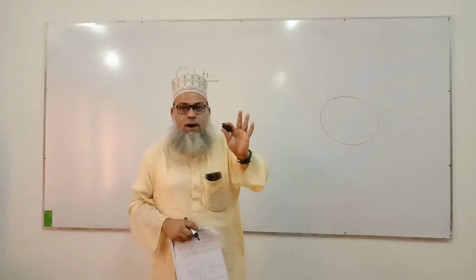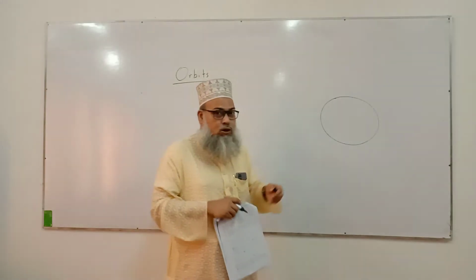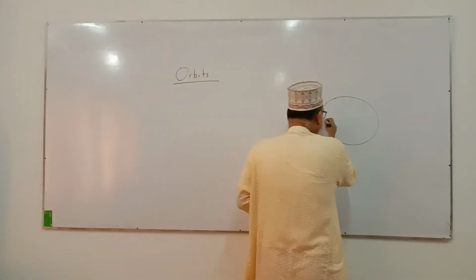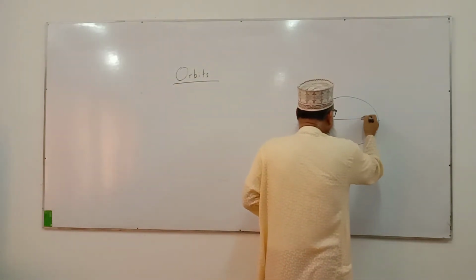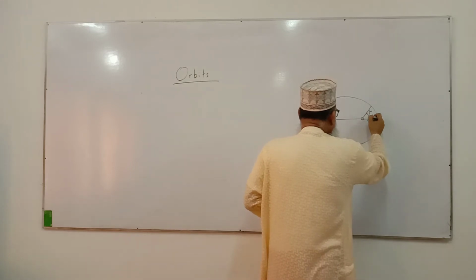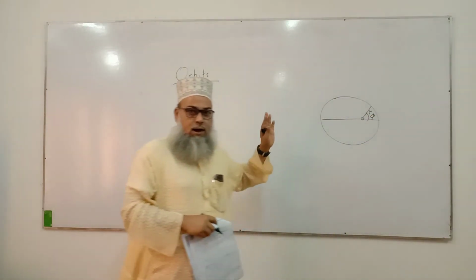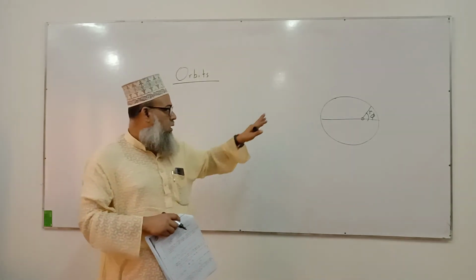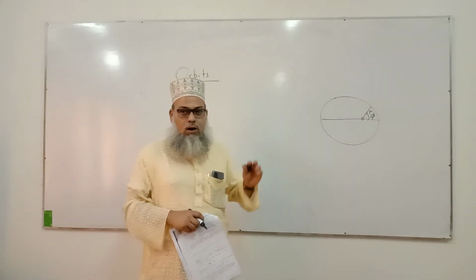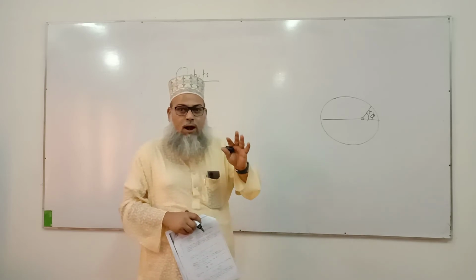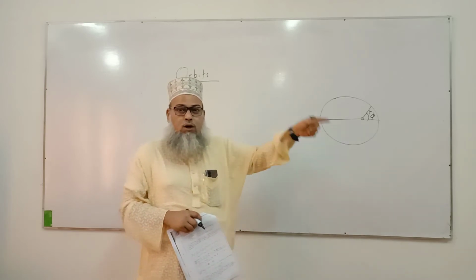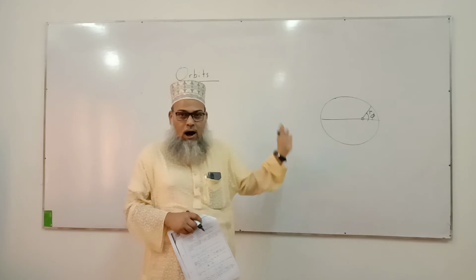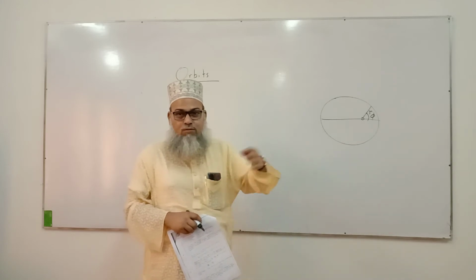This is the focus, this is R, this is φ. In the orbit, the only things are R and φ. In other words, we want a formula for R as a function of φ. How are R and φ related?